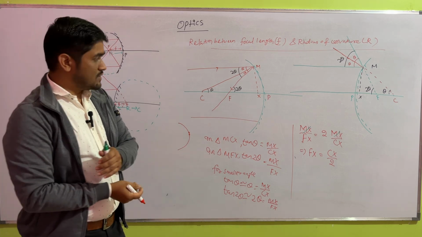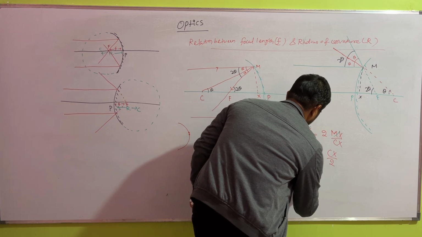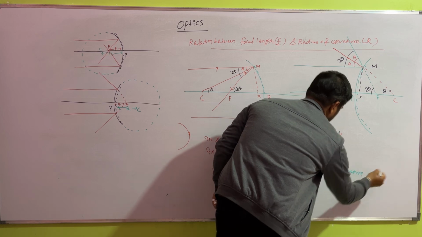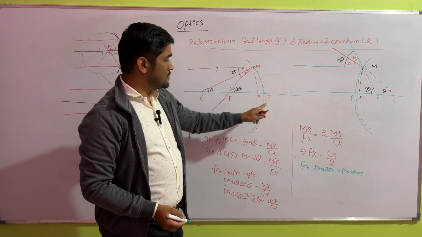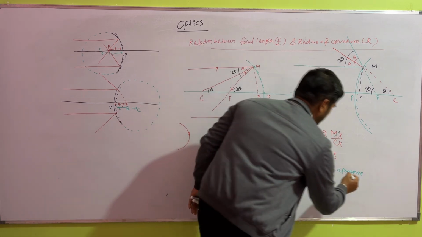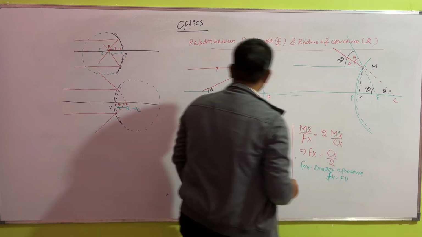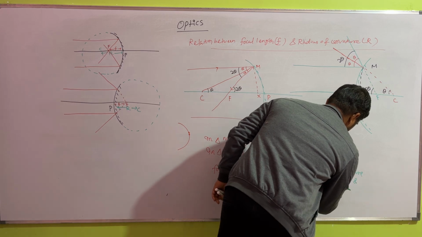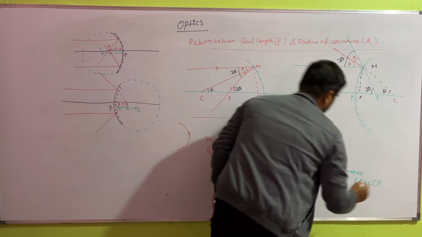And in the beginning we assumed the aperture should be small. For smaller aperture, X lies on point P. So you can write FX is equal to FP, and CX is equal to CP.